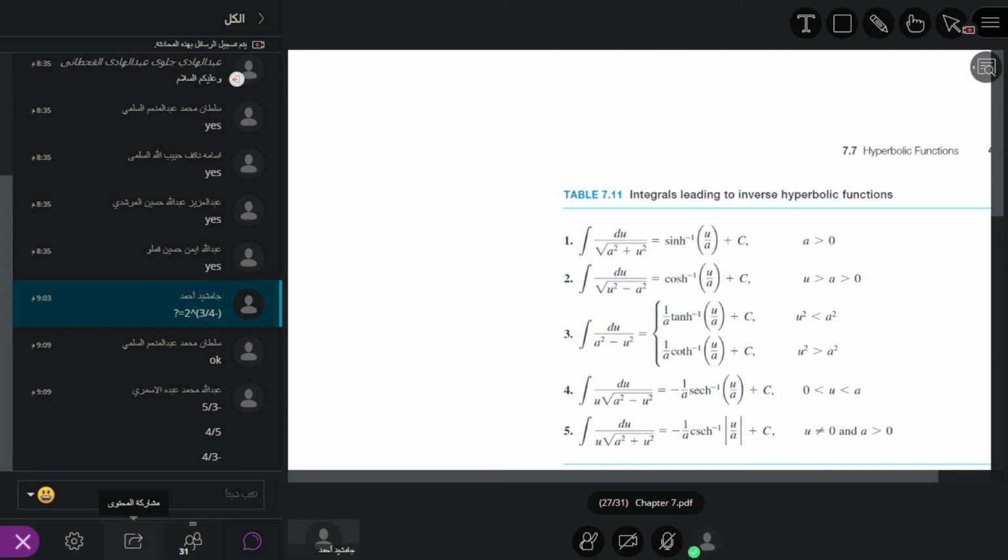By the use of the property cosine hyperbolic square x minus sine hyperbolic square x equal to 1, we found the value of cosine hyperbolic square, which is 25 by 16.